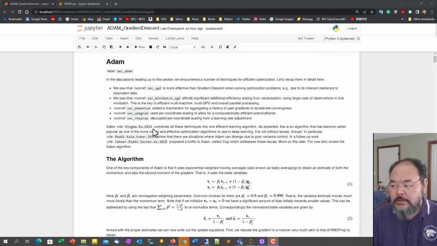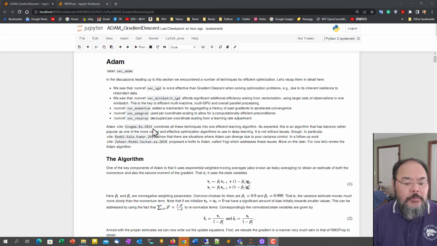It has a first order momentum and a second order momentum from the current gradient information, so that it can jump out of local minima and search for the global minima if that's the case.